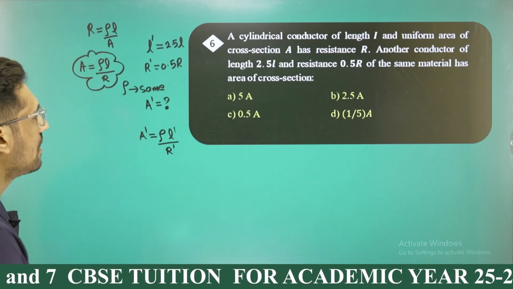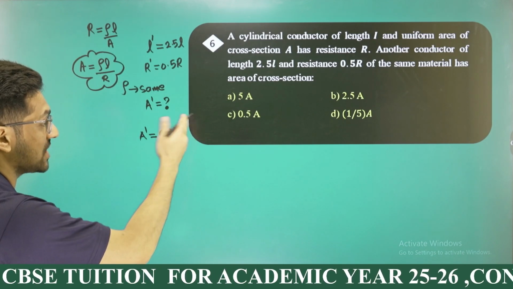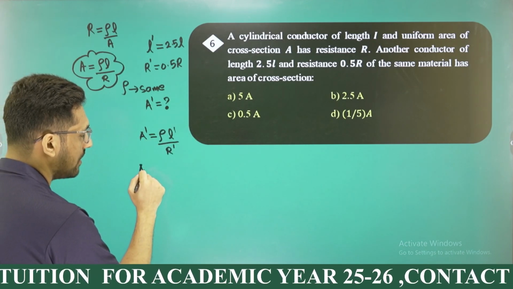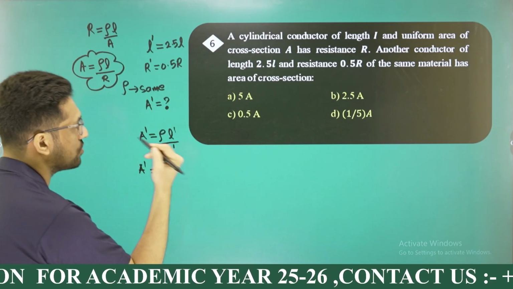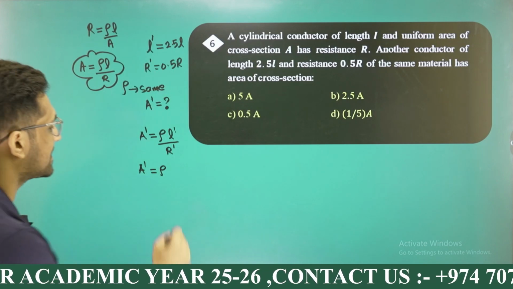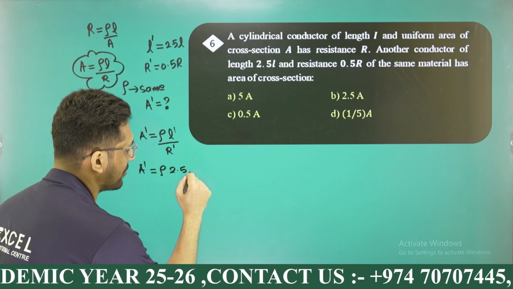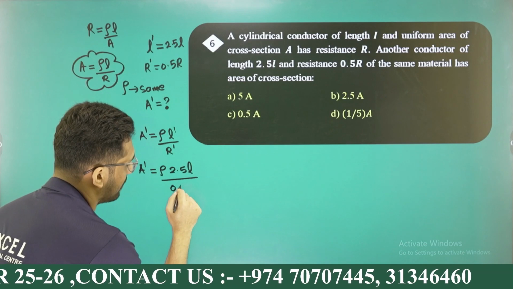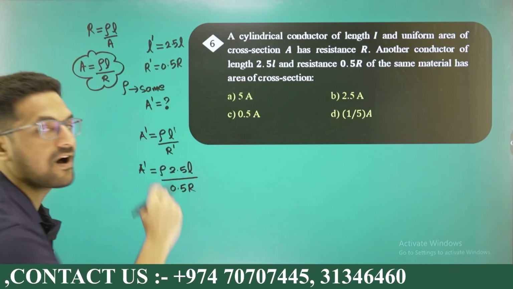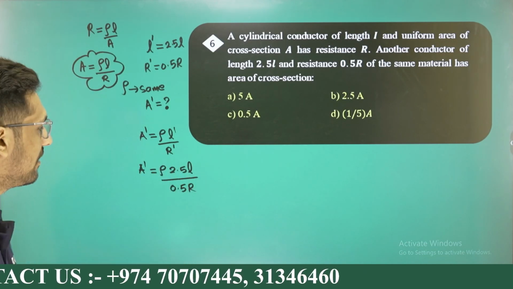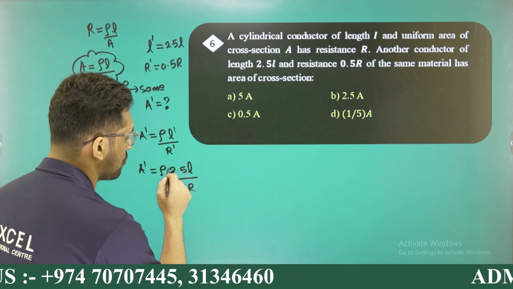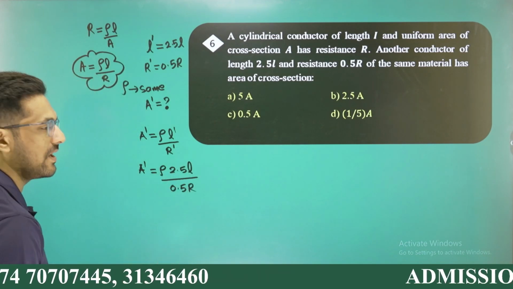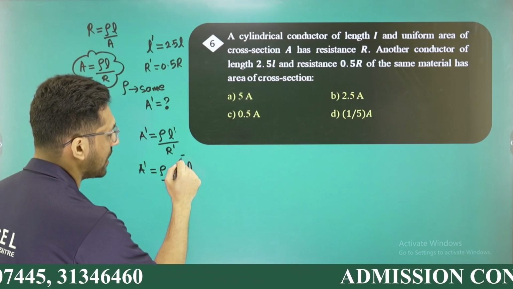Rho is same. So rho L dash by R dash. Then what is A dash? Rho into L dash, L dash is 2.5 L according to the question, divided by R dash, which is 0.5 times R. Then you can cut this 2.5 and 0.5, that is 25 by 5. That will be 5 here.